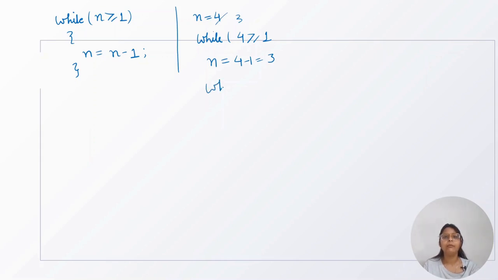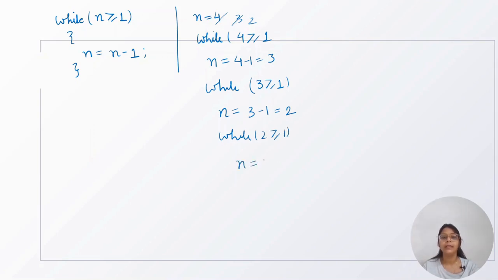Now again you will move to your loop. 3 is greater than or equal to 1, condition is true again. n will become 3 minus 1, which is 2. So n is updated to 2. Again you will execute the while loop. 2 is greater than or equal to 1, condition is again true.